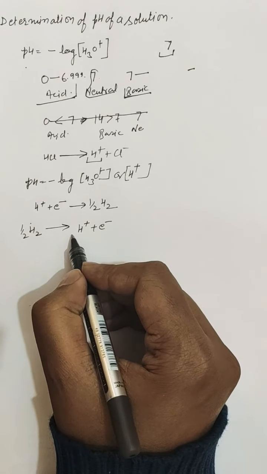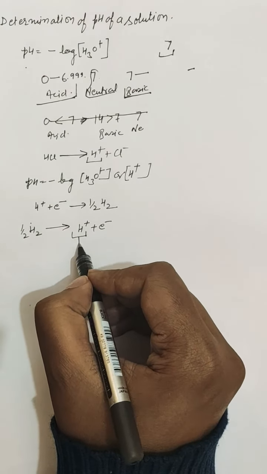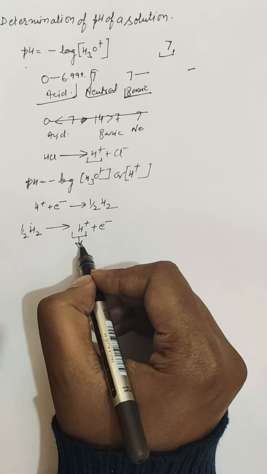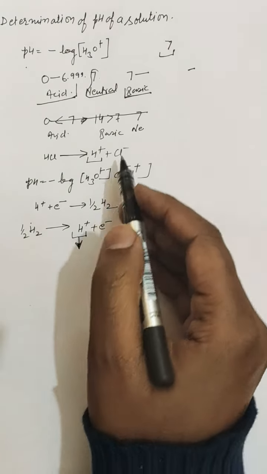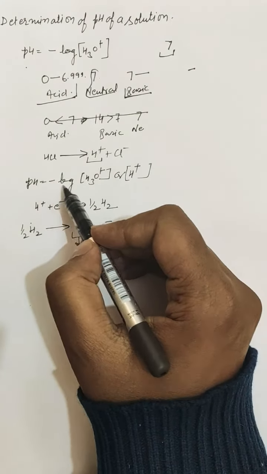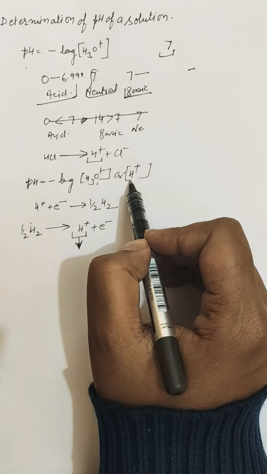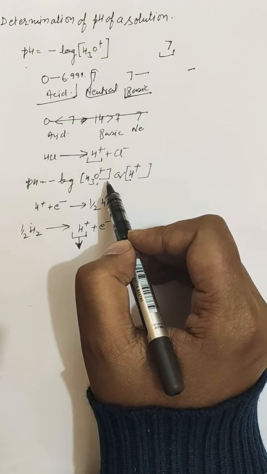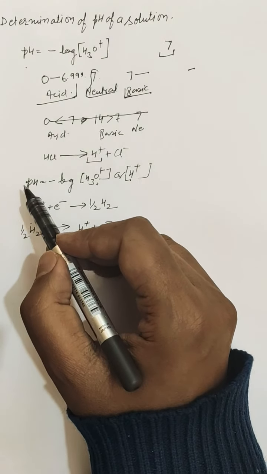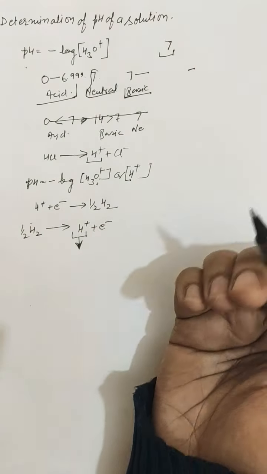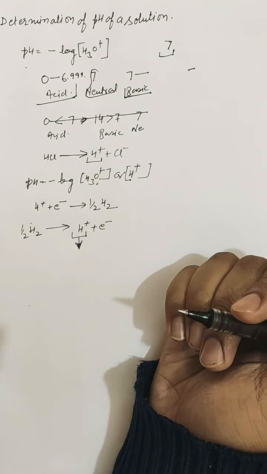Measurement of the concentration of this proton will result in the negative log of hydronium or hydrogen ion concentration, which will give us the value of pH, and from that value we can categorize the solution as acidic, basic, or neutral.